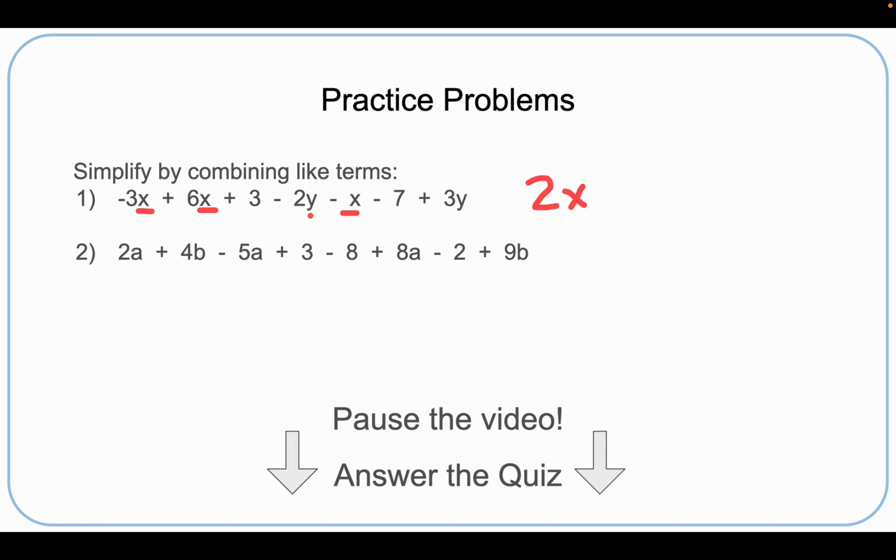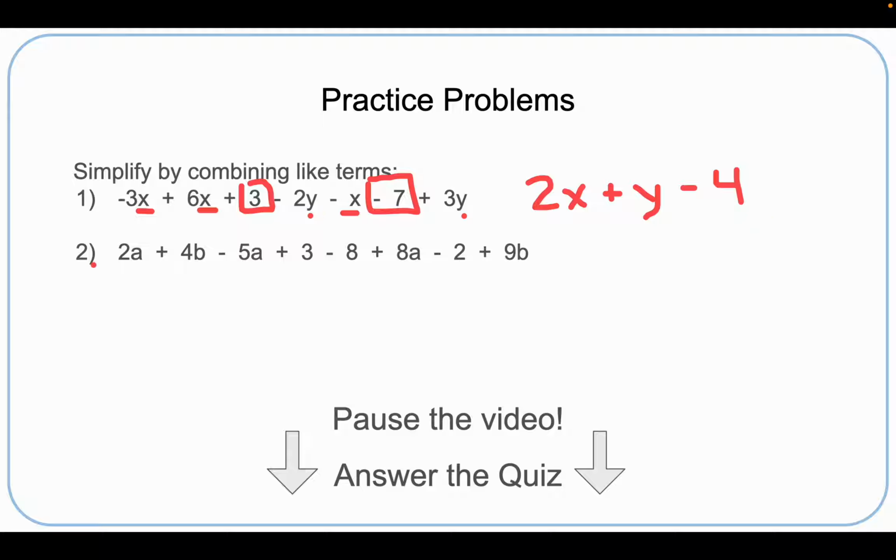So we have minus 2y plus 3y, which would give us a positive 1y. So we'll just say plus y. And then lastly, we have plus 3 and minus 7. So 3 minus 7 leaves us with minus 4. And that is our final answer.